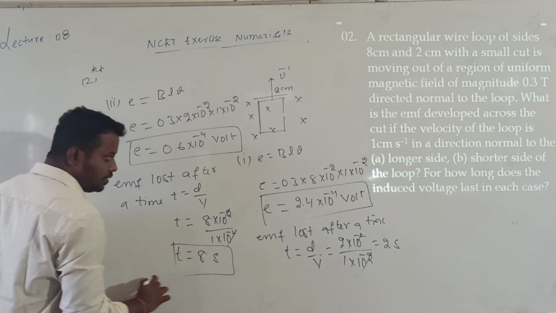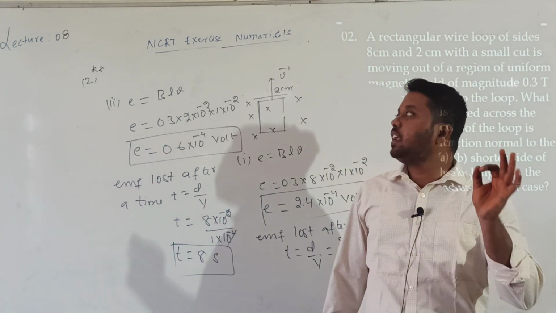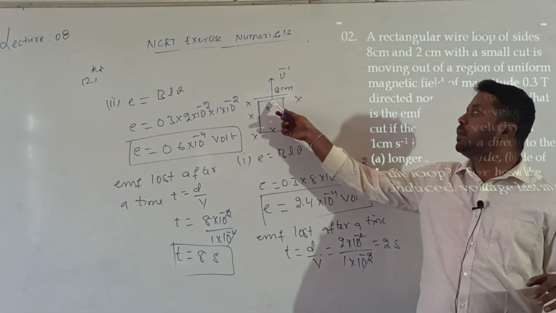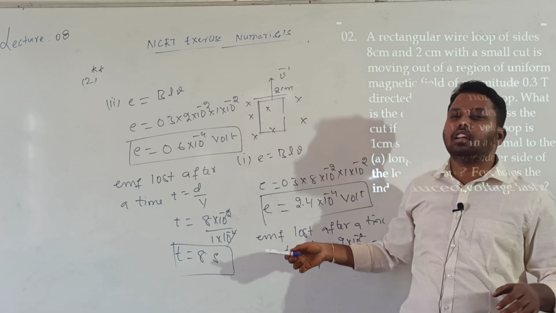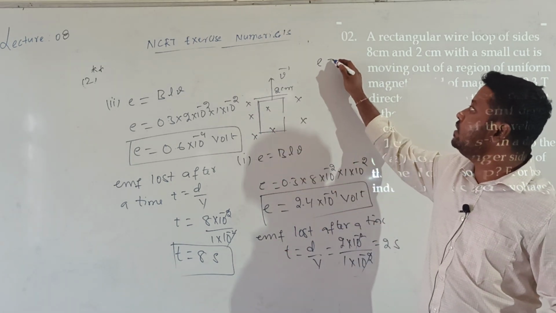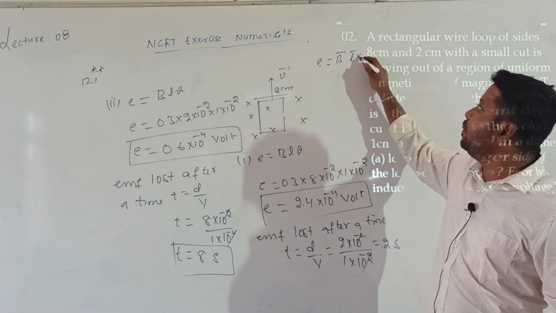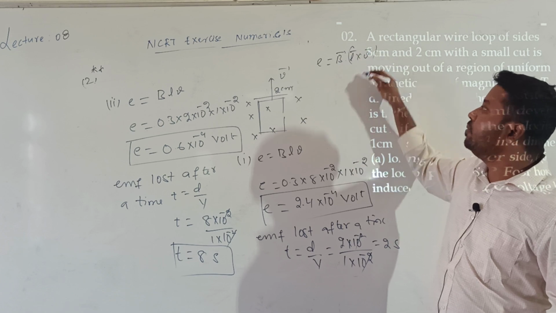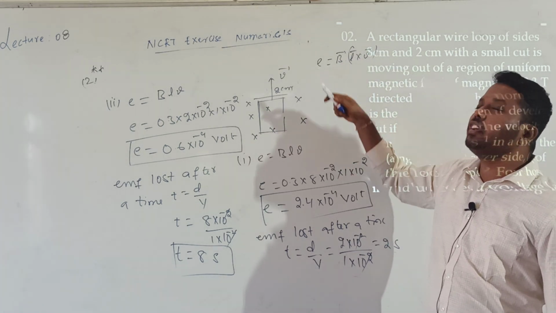Are you getting it? Is the question clear? First you should get it clearly. When it is moving perpendicular to the smaller side, why is there no induced EMF across the longer side? The answer is that induced EMF is given by the formula B bar dot L bar cross V bar in vector form. If L bar and V bar are parallel, the E value will be 0.